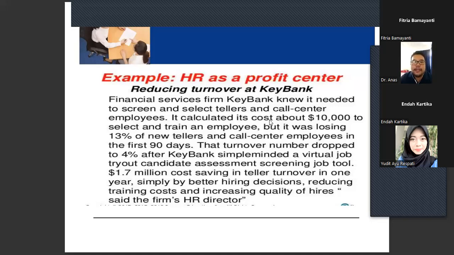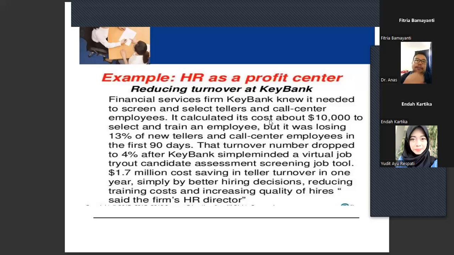Within the 90 days, most of the new employees, about 30%, will turn over, will not continue service in this bank, KeyBank.